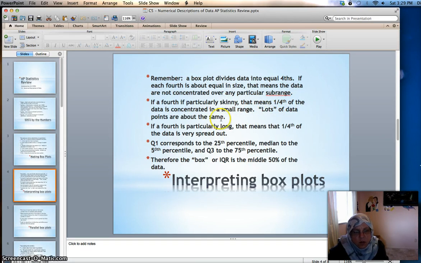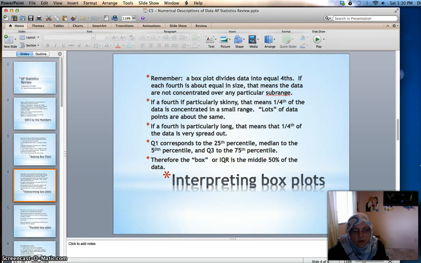So lots of data points are about the same at whatever that range is. If a fourth is particularly long or spread out, that means that 1/4 of the data is very spread out. Quartile 1 corresponds roughly to the 25th percentile, median to the 50th, quartile 3 to the 75th percentile. Therefore, the box of your box plot is the interquartile range, which is the middle 50% of the data.